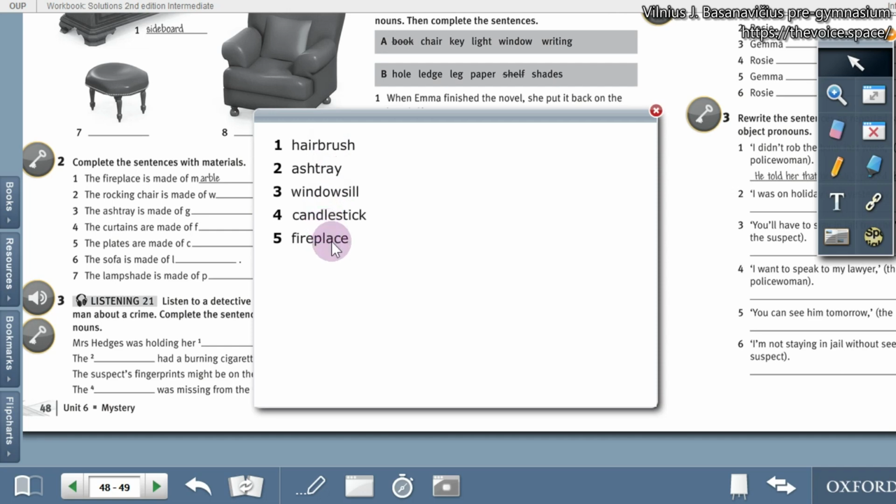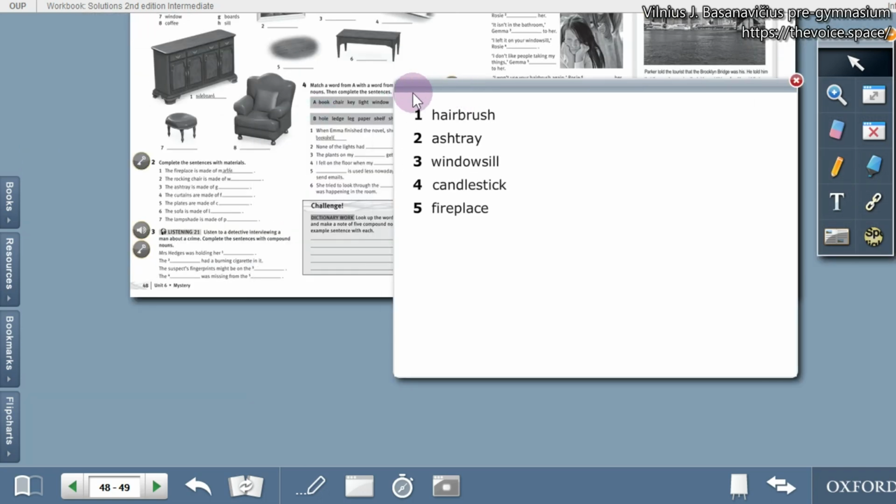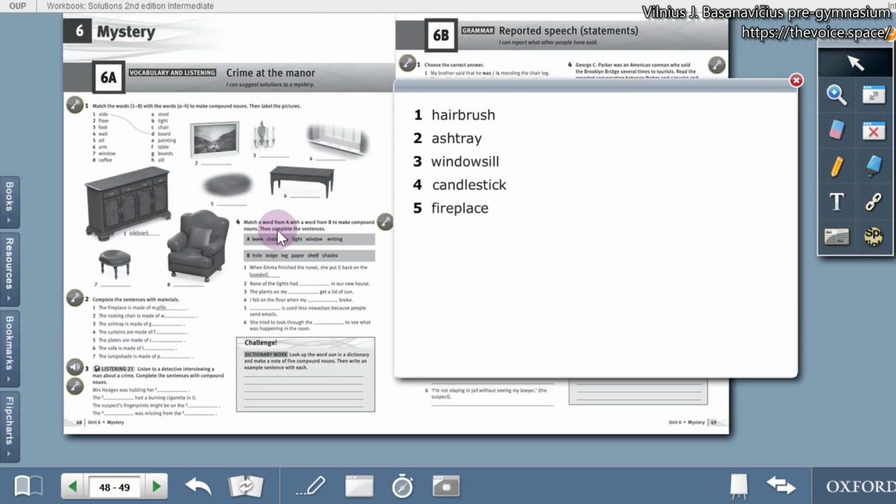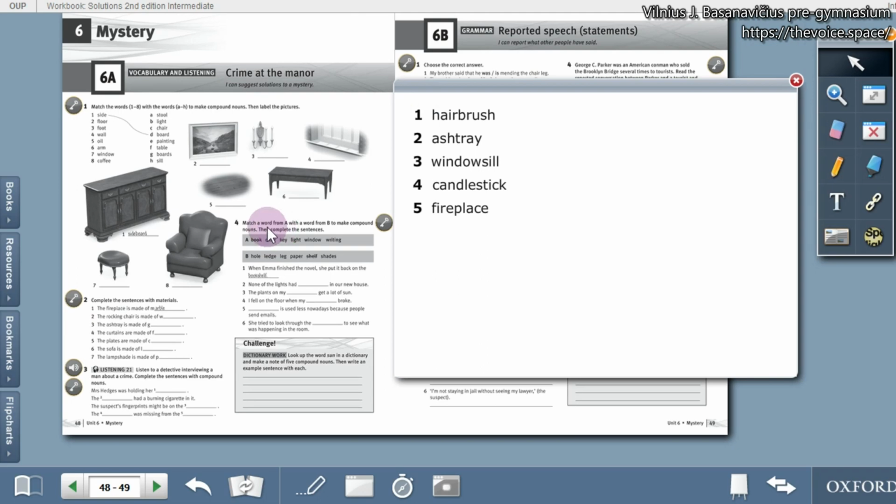Now we've come to the part where I'm going to give you homework for your third lesson of this week. I will ask you to create your own mystery story, crime story. Please use compound nouns from Unit 6A that we've talked about, and the story should not be very long.